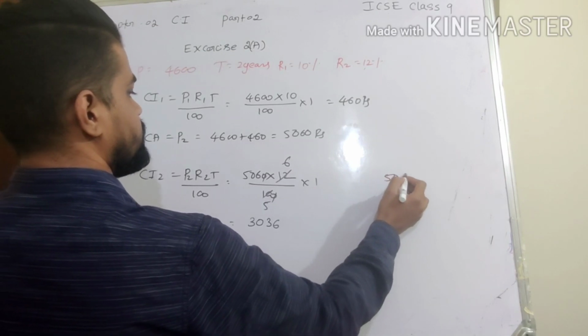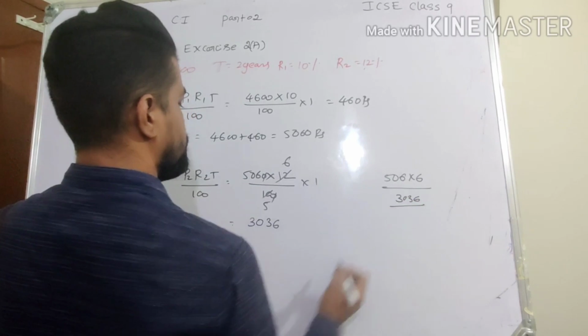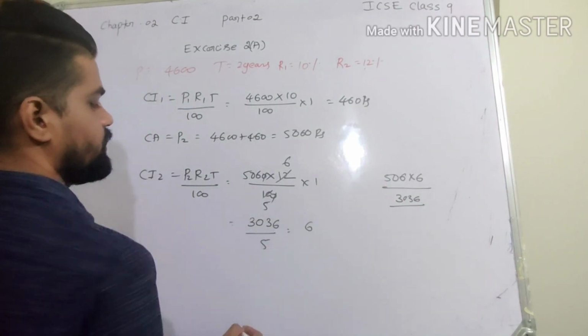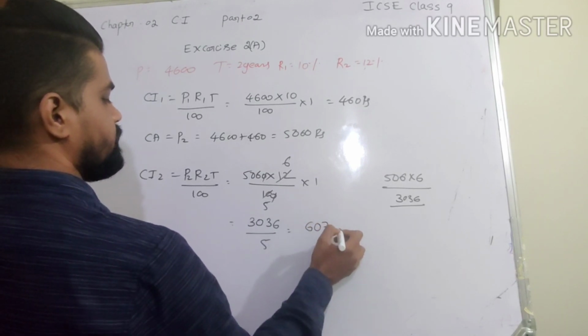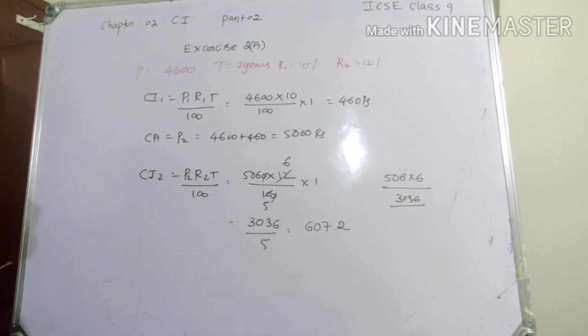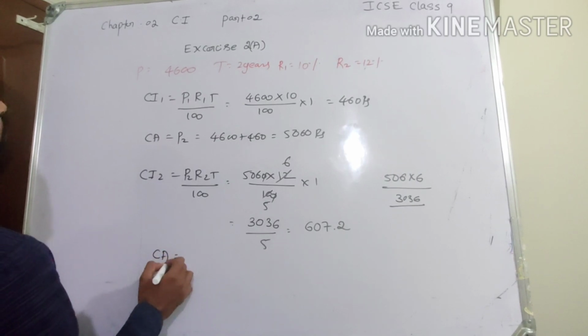Yeah, 506 into 6, it is going to be 3036 divided by 5. So we end up with 5 6s are 30, 5 60s are 300, 5 7s are 35, 5 2s are 10.